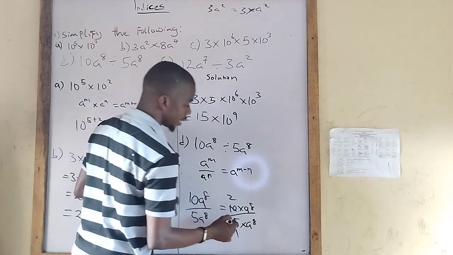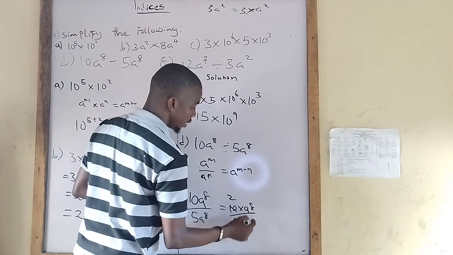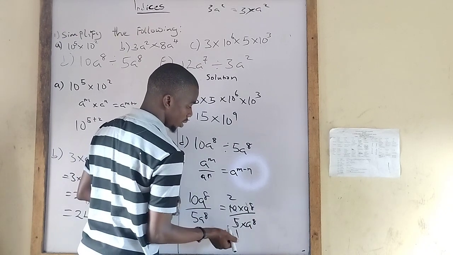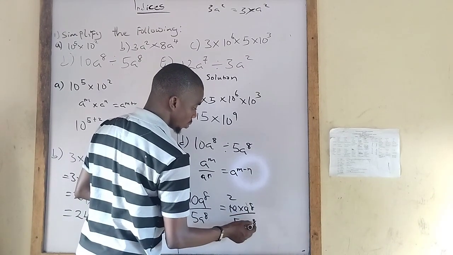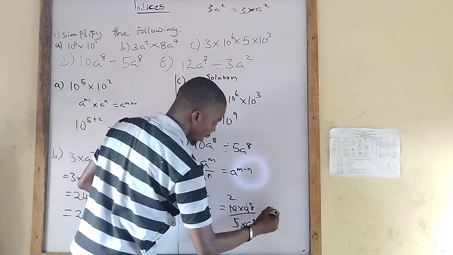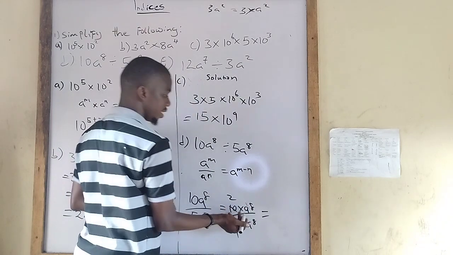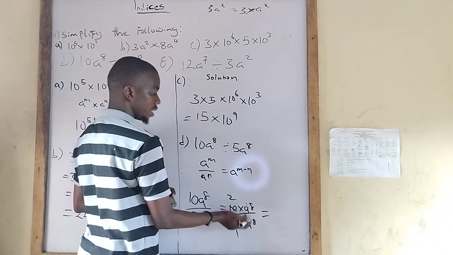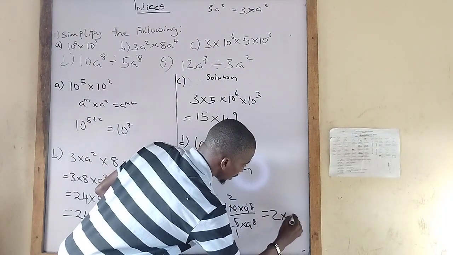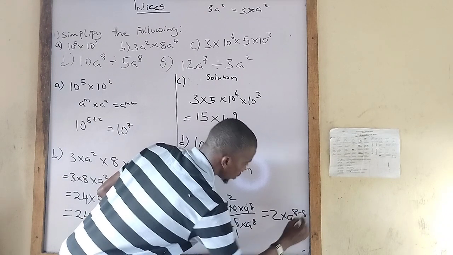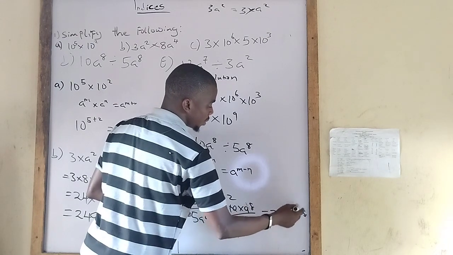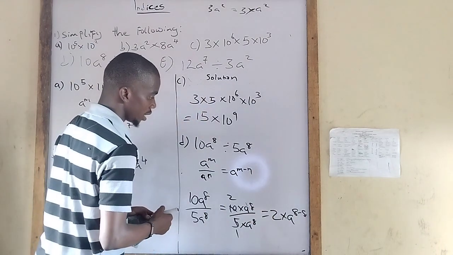All right, and following the rule of indices, we'll subtract the powers. We take a to a single base, times a raised to the power of 8 minus 8, and this is a raised to the power of 0, because 8 minus 8 will be 0.